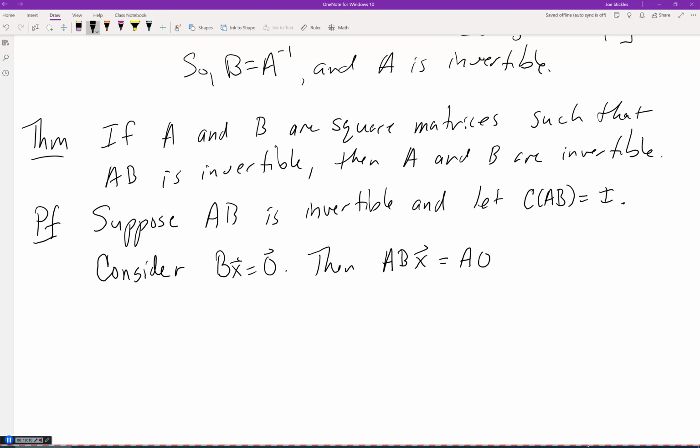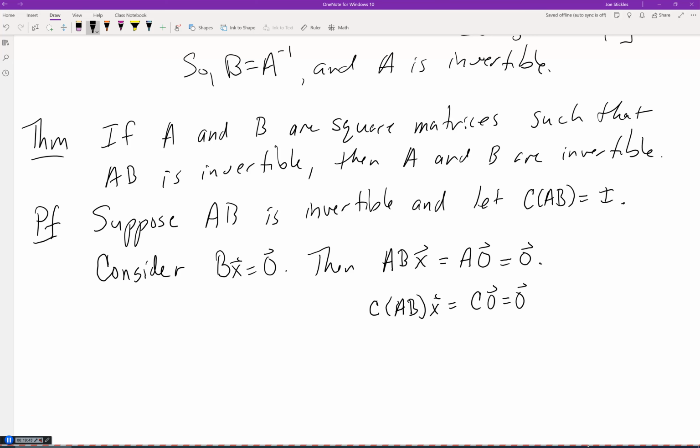I get A times 0 on the right-hand side, but what is A times 0 going to be? 0. Now, I'm not quite to the identity here. All I know is this is invertible. However, now multiply both sides by C. I still get 0 on the right-hand side when I do that, don't I?